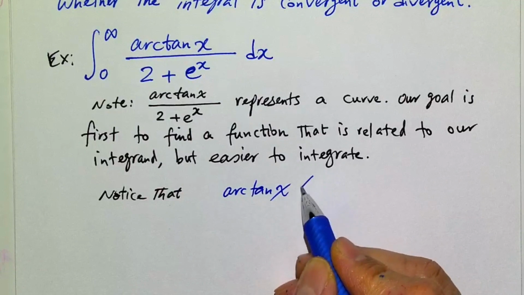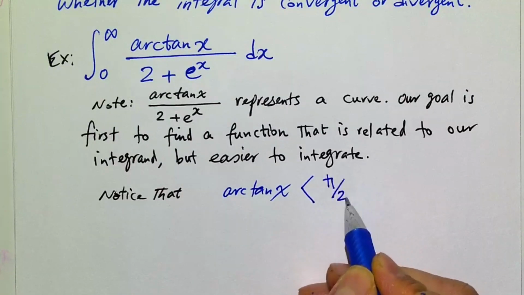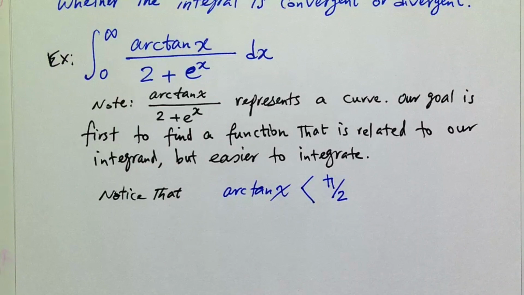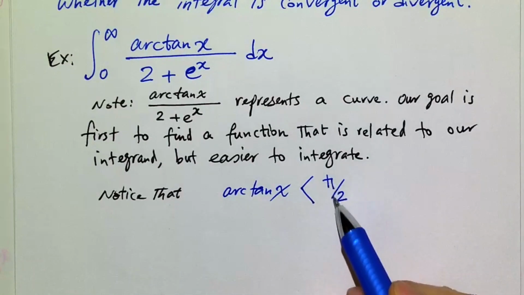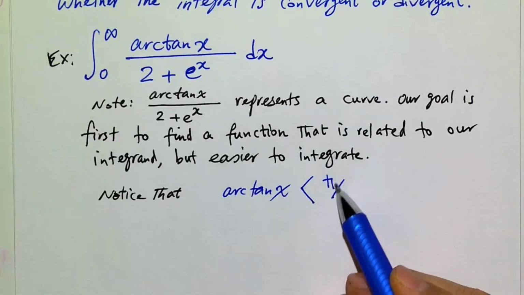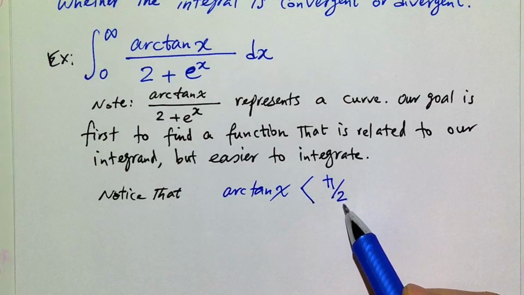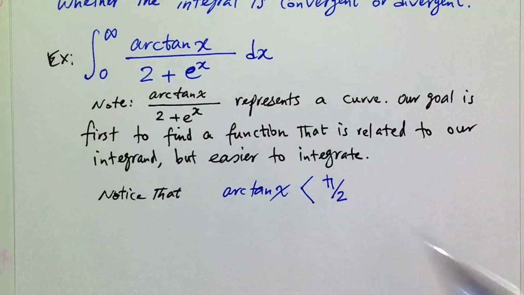But arctangent x must be less than pi over 2. Now, pi is simply 3.14. It's that irrational number which never ends, but the first few digits are 3.14159 and so on. If you take the ratio of that by 2, you get something about 1.57, roughly.